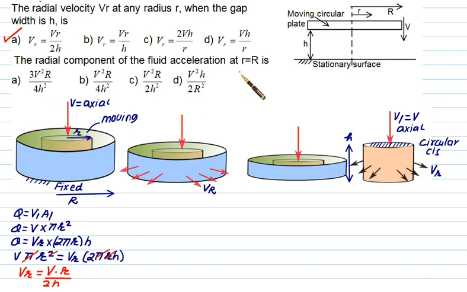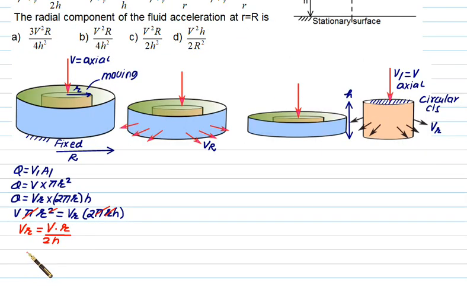Next, we want to calculate the acceleration at R equal to capital R. For that, we have to develop the equation for AR. From the last equation, we can conclude that VR is a function of R and h, where R is the radius and h is the height. So using the chain rule, we'll develop the equation for acceleration AR.